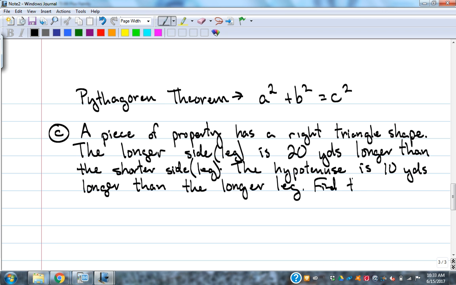Find the lengths of the sides. Huh. This looks like a fun one.